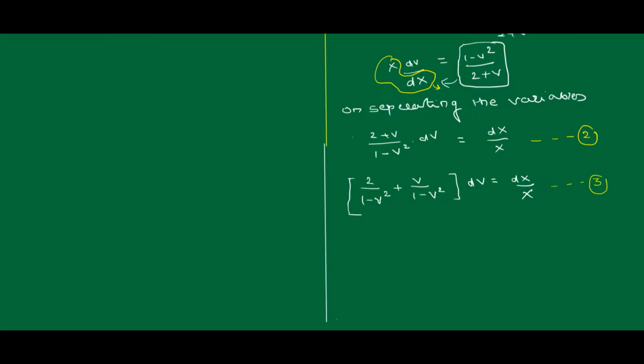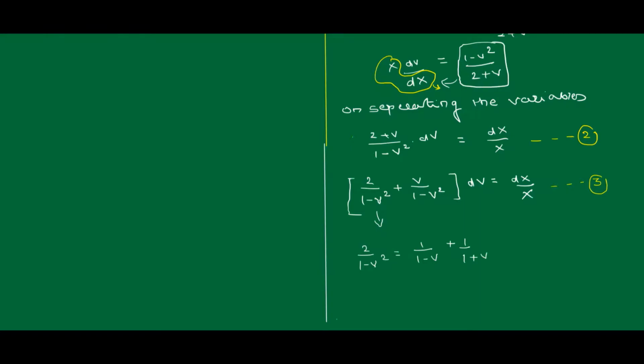Now first we have to find the value for 2 divided by 1 minus v square. So 2 divided by 1 minus v square, we can also write it as, by using partial fractions, 1 divided by 1 minus v plus 1 divided by 1 plus v.